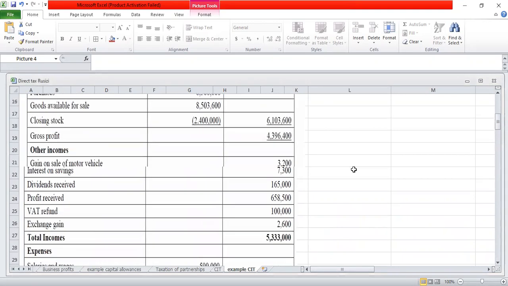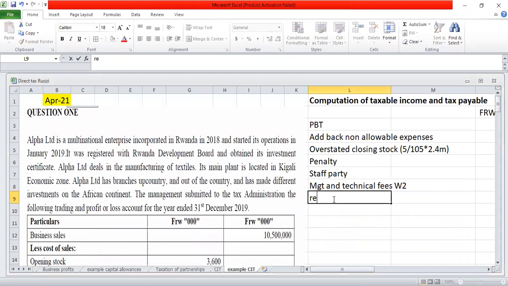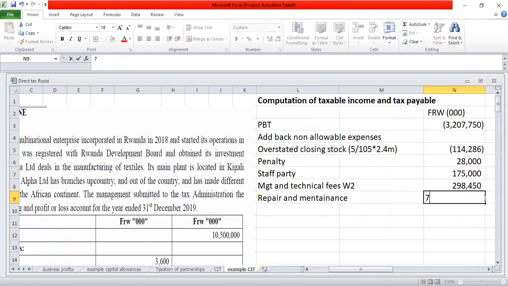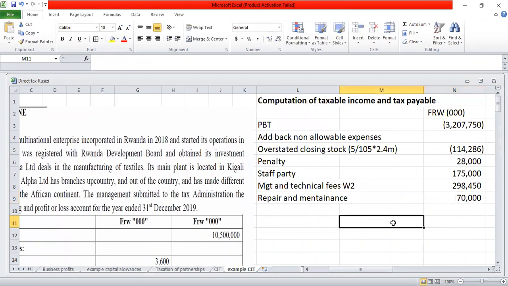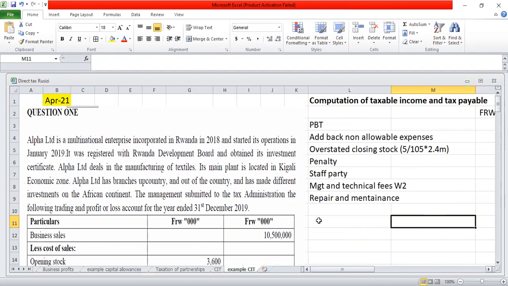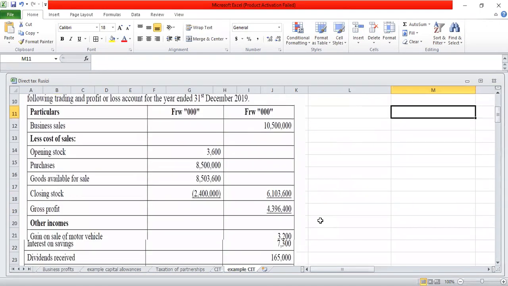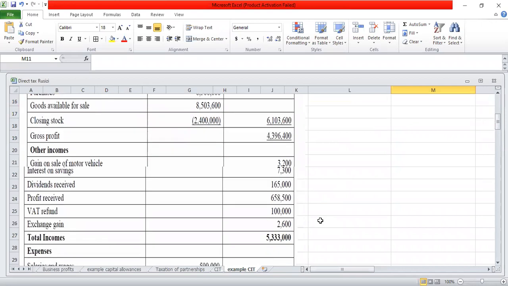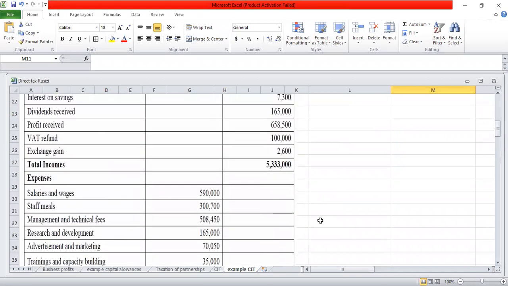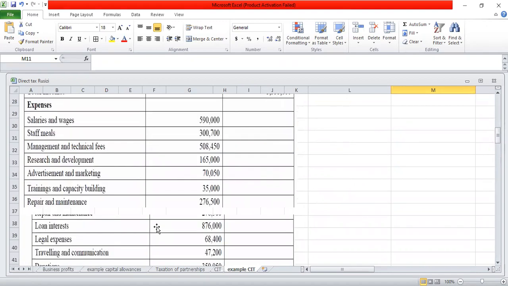Repair and maintenance, we have a 70 million, which is capital expenditure, is not allowed. Then I can go to salaries and wages. That's when we have finished there.